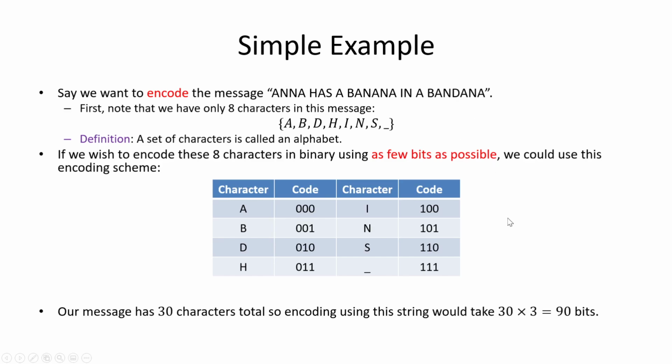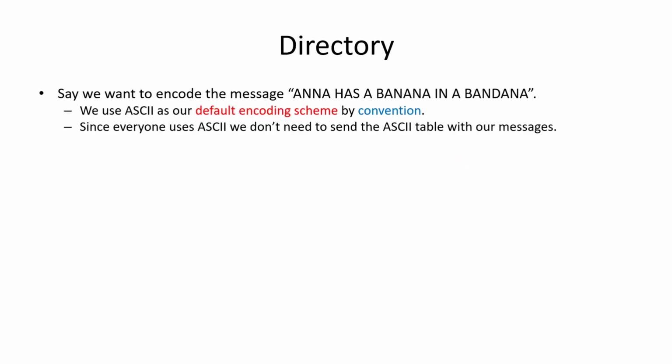We might note here that our message actually has 30 characters in it. So with 3 bits per character, if we encode this up, we'll get ourselves a 90-bit string. Now, our normal way of encoding would be ASCII.